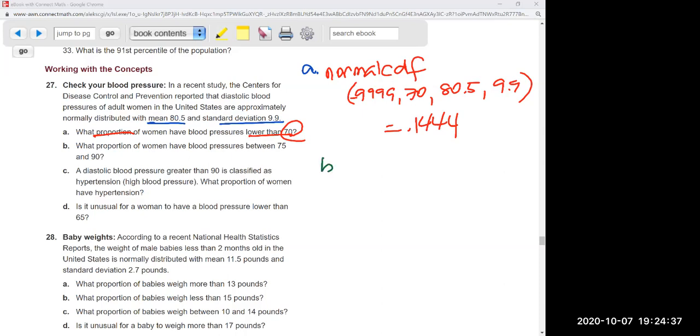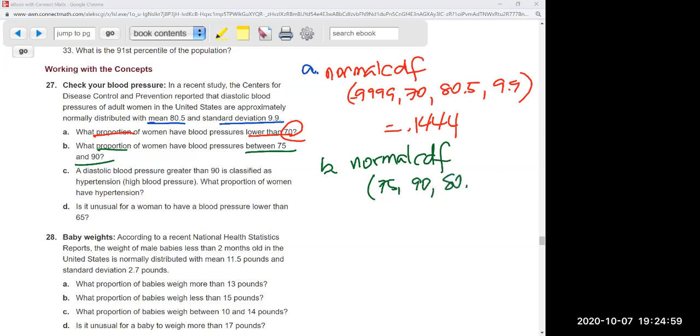Letter B, what proportion, again, so that is normal CDF, of women have blood pressures between 75 and 90. So between, meaning that's already your lower and upper. Lower is 75, upper is 90.